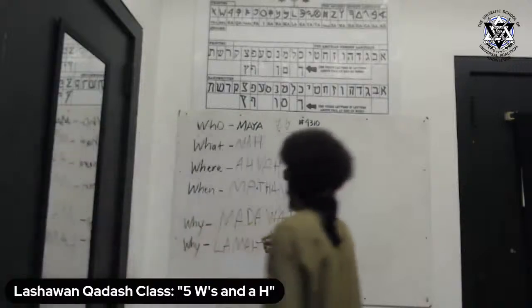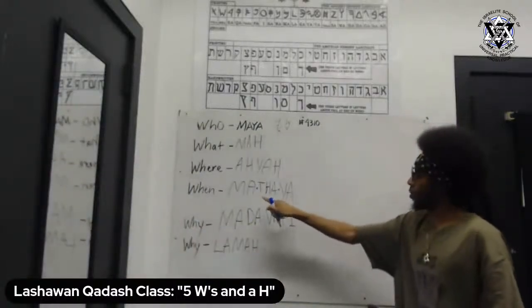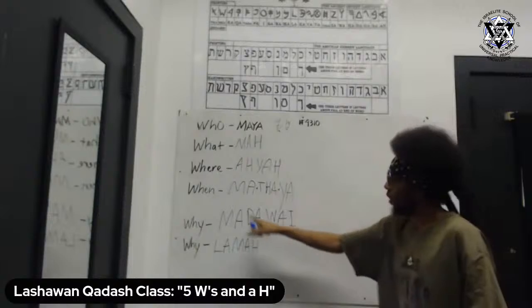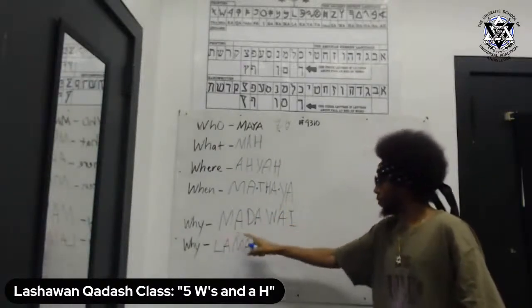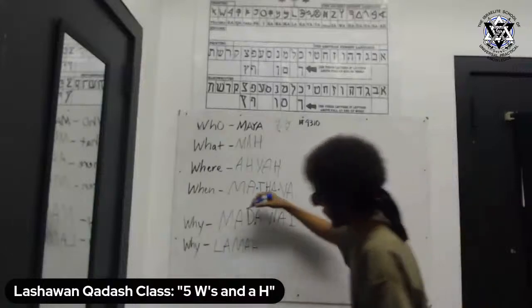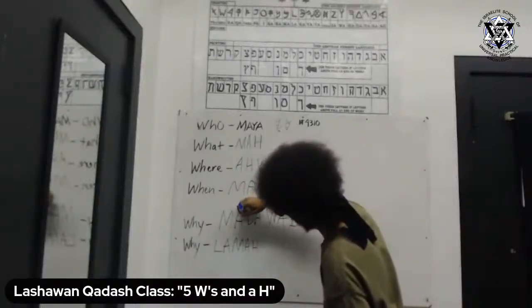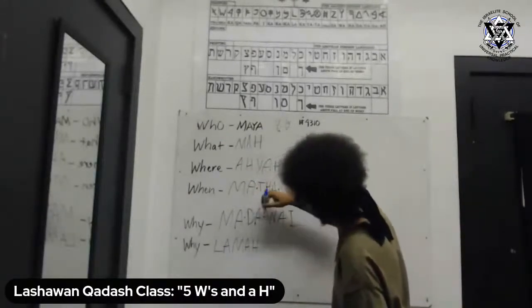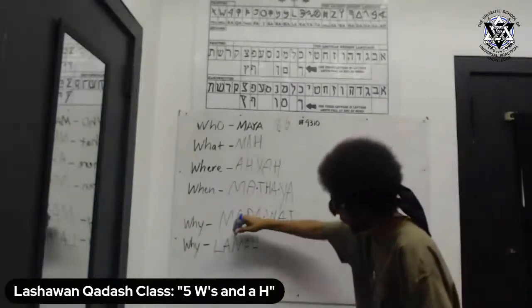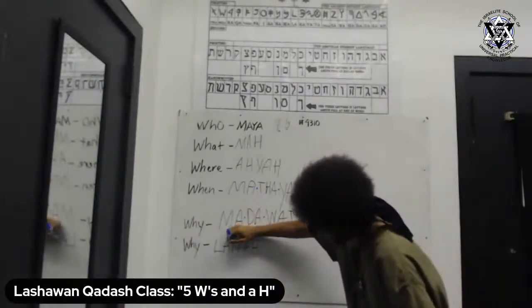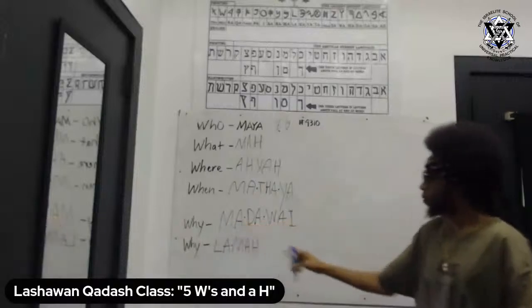Ma, yeah is when. Ya is mother Y. Mother Y is Y. Lama, these are really separate, but it creates a word which is Y.